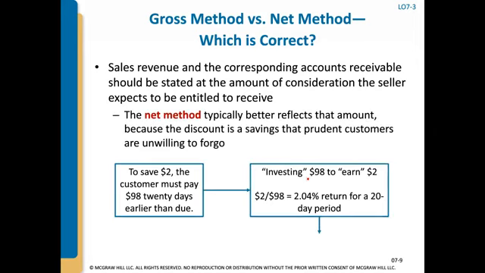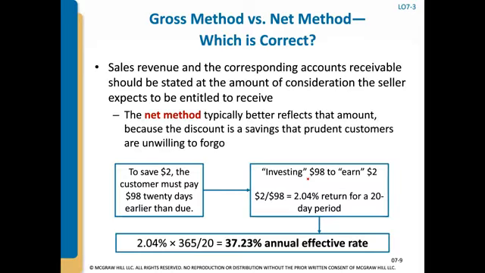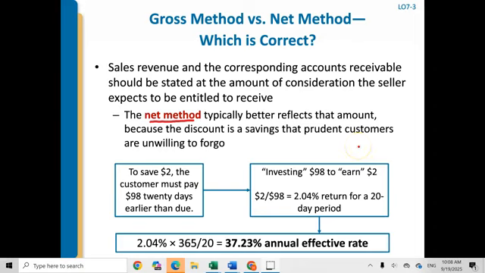So which way is correct? They're both correct. However, recording it the net method better reflects the sales amount and your balance sheet more properly, because the discount is more representative of what probably will happen.